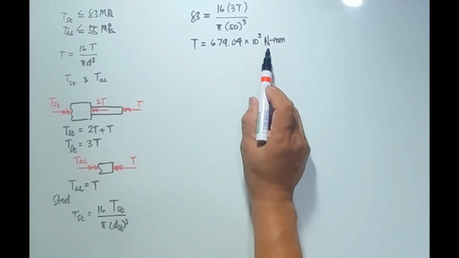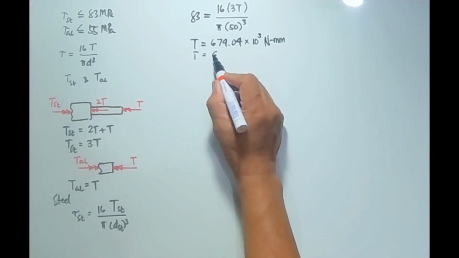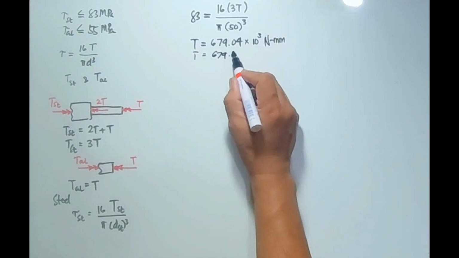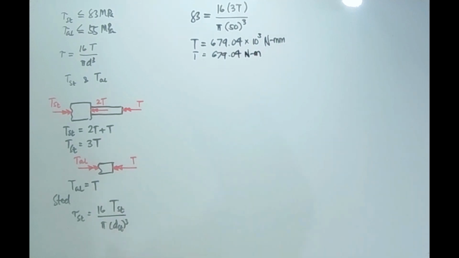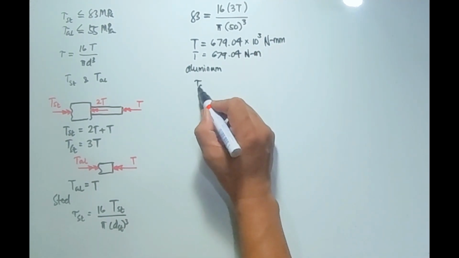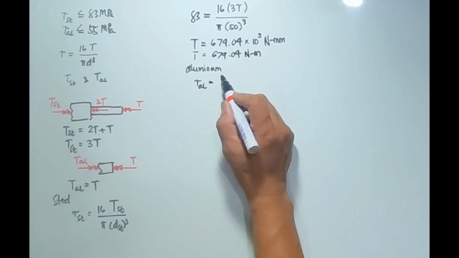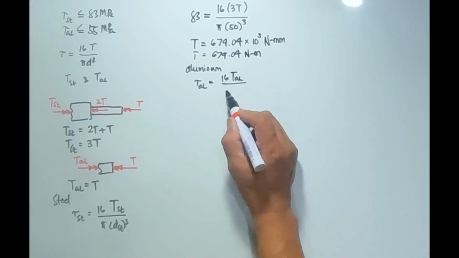So the result would be Newton millimeter. Or the torque is 679.04 Newton meter.